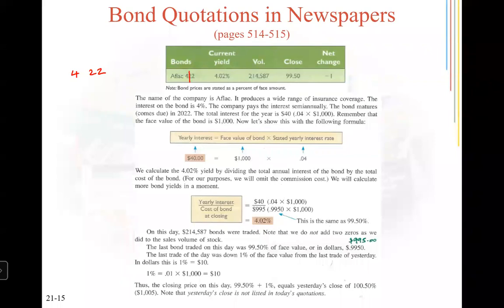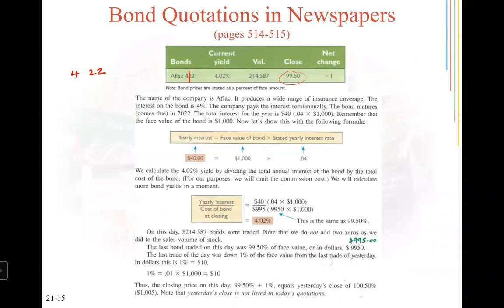Okay. Now the yield, it says, is equal to the yearly interest over the closing price of the bond. So the yearly interest in this case, we worked it out to be $40, and the closing price of the bond. Now the bond here says the close is 99.5.